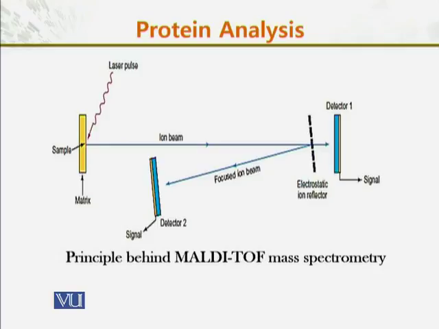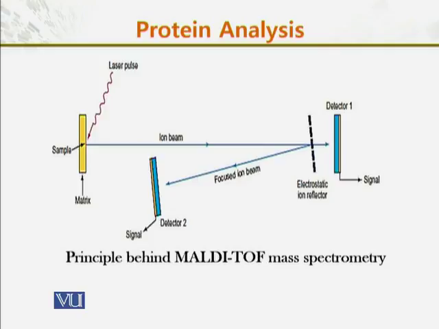The laser pulse is bombarded, and then the ion beam passes through the electrostatic ion reflector and goes to detector 1, where the signal goes to a computer.